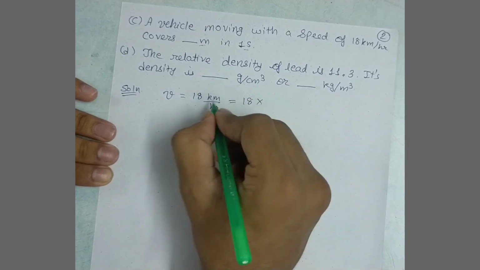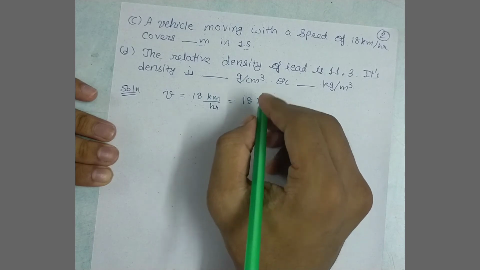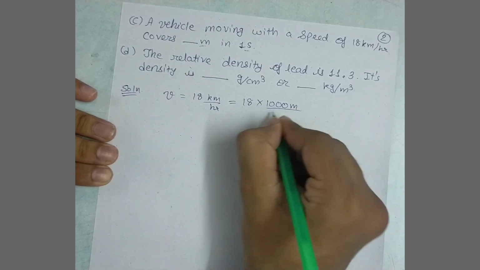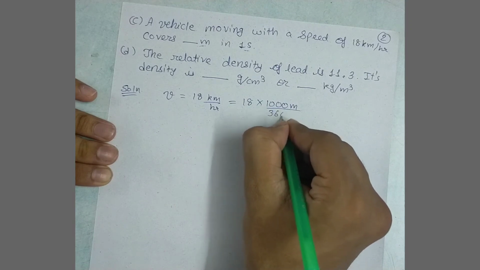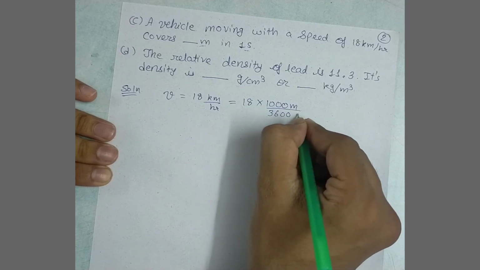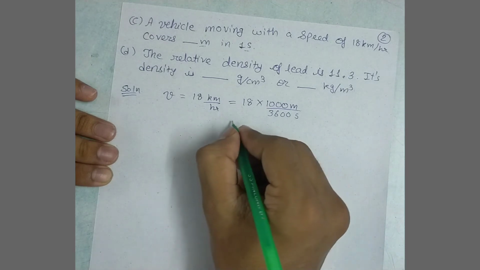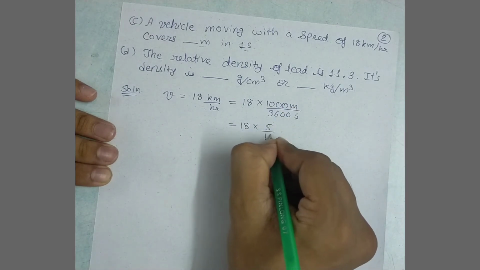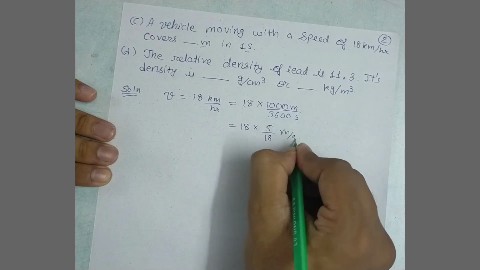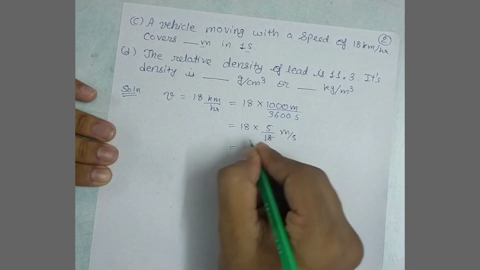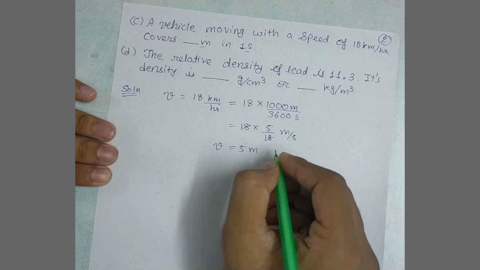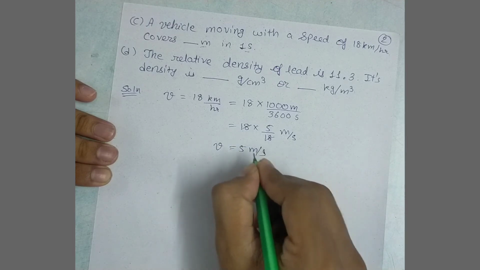That is, 1 kilometer is equivalent to 1000 meter, and 1 hour is equivalent to 60 multiplied by 60, that is 3600 seconds. If you convert this, it turns out to be a constant fraction, that is 5 divided by 18 meter per second. So we obtain that the speed is 5 meter per second.